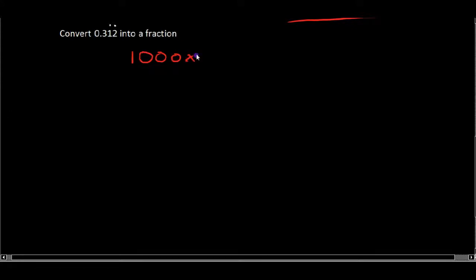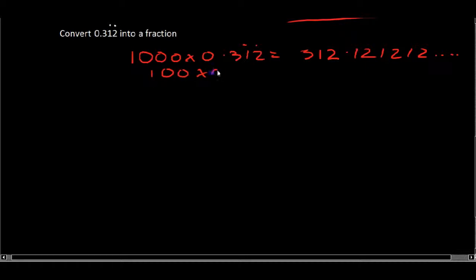So if we do 1000 times 0.312 we get 312. Now it's only the 1 2 that reoccurs, so if you move the decimal place here, here, here, the next number here is going to be 1. So 0.121212 and so on. Let's do 100 times 0.312 recurring.